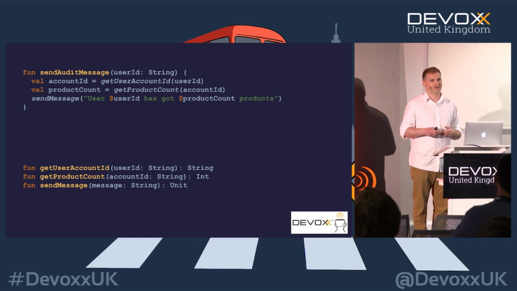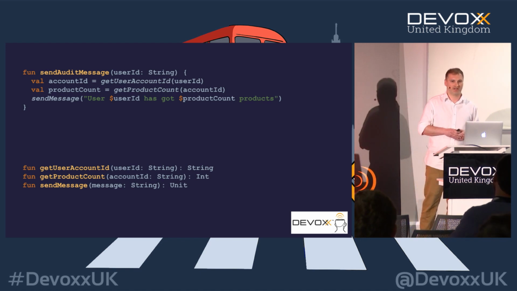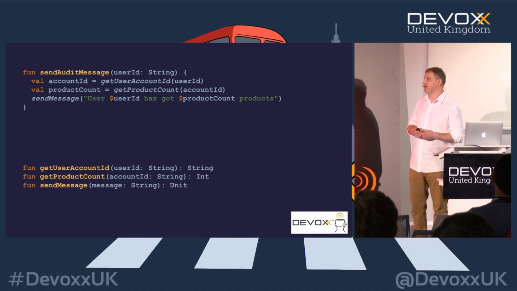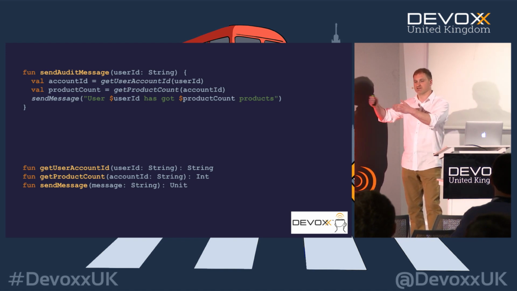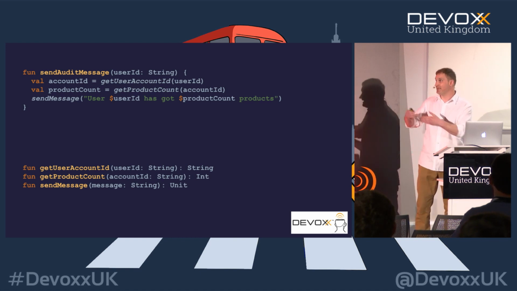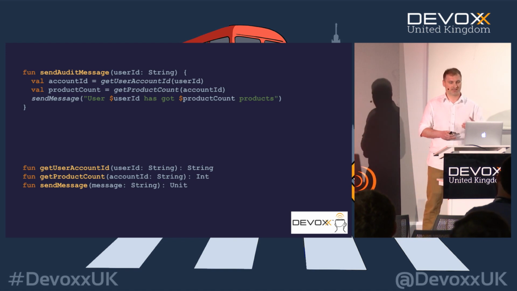This function looks quite simple. It's simple because it just does three things in sequence. But there is a problem with this function if you imagine that all those three functions access some external service, so they have to go over a network to get or send some data. This code is synchronous.